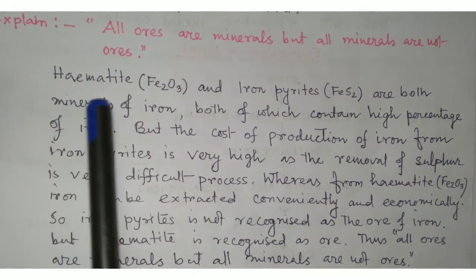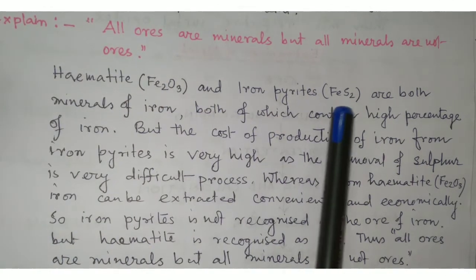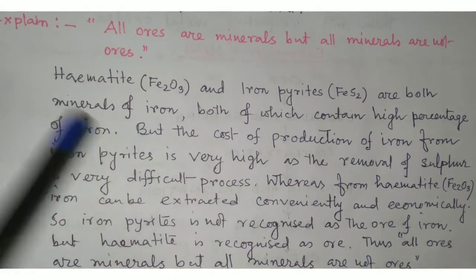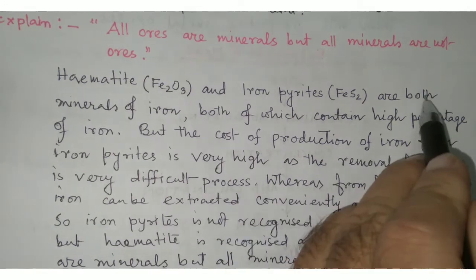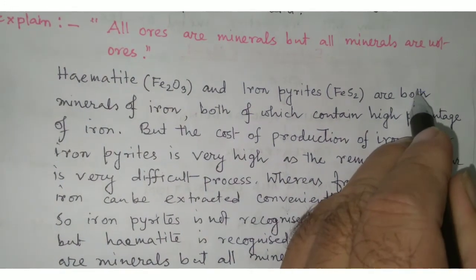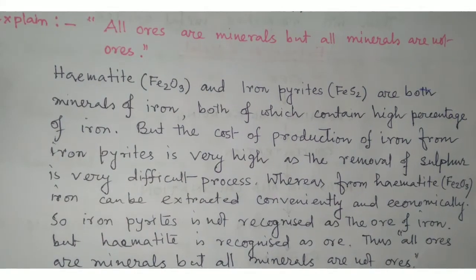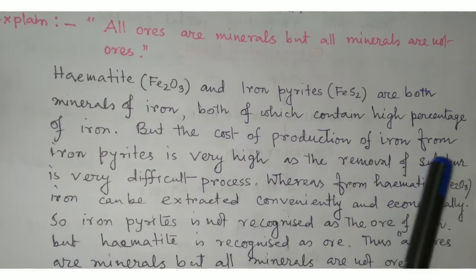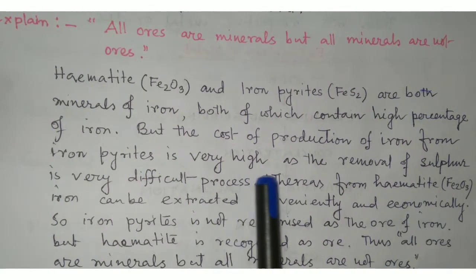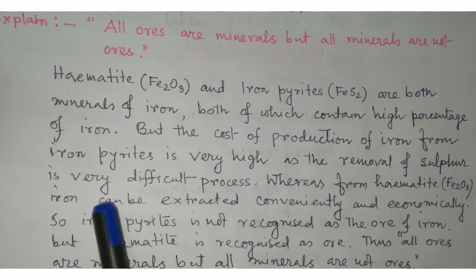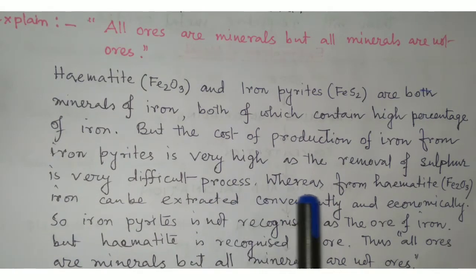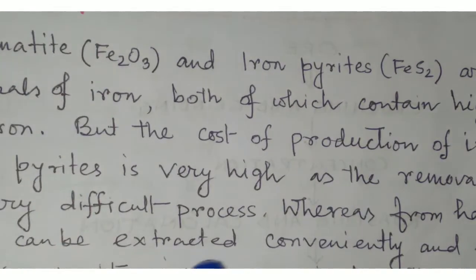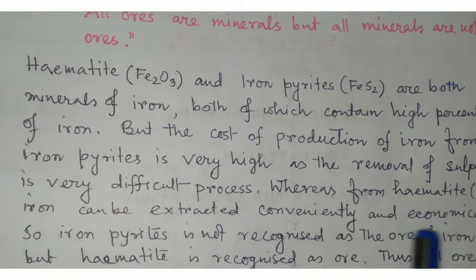The answer is: hematite Fe2O3 and iron pyrites FeS2 are both minerals of iron, both of which contain a high percentage of iron, but the cost of production of iron from iron pyrites is very high, as the removal of sulfur is a very difficult process, whereas from hematite Fe2O3 iron can be extracted conveniently and economically.